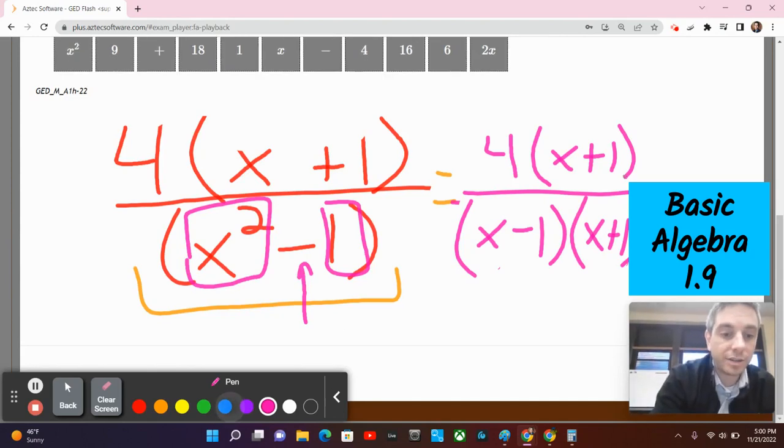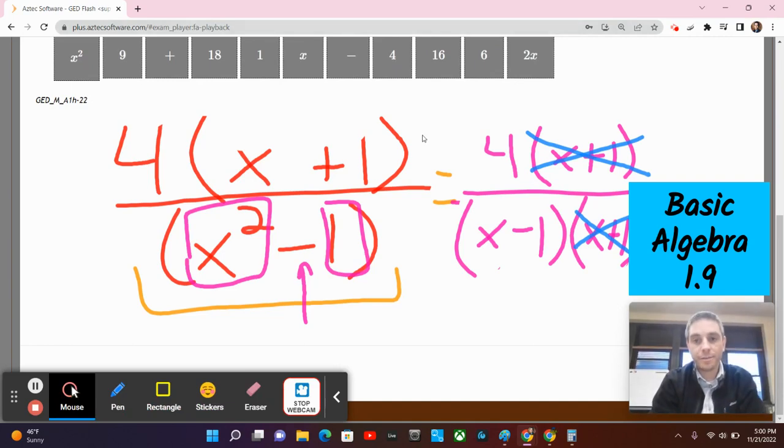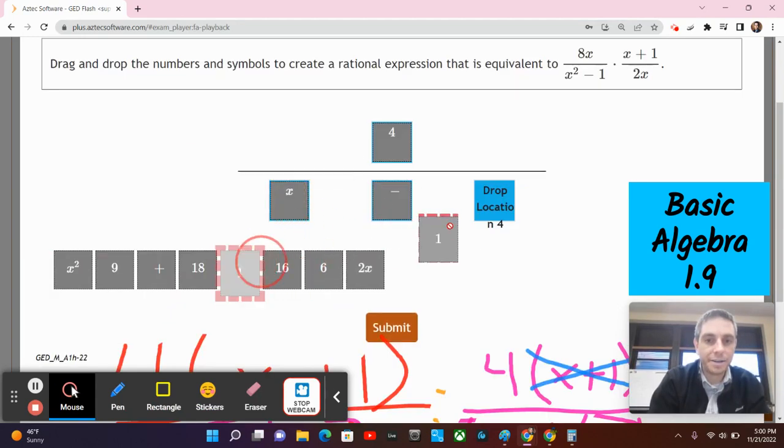So we can actually cancel out x plus 1 on the top and on the bottom, leaving us with 4 on the top and x minus 1 on the bottom. x minus 1.